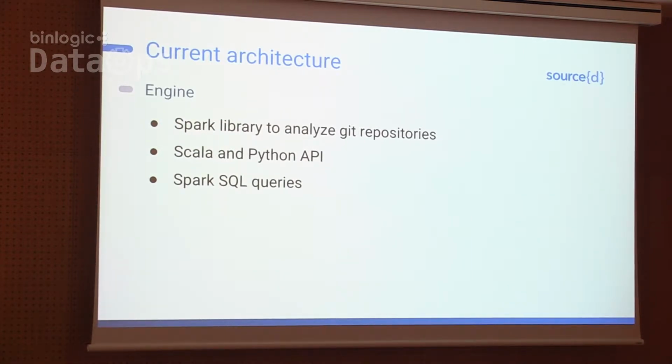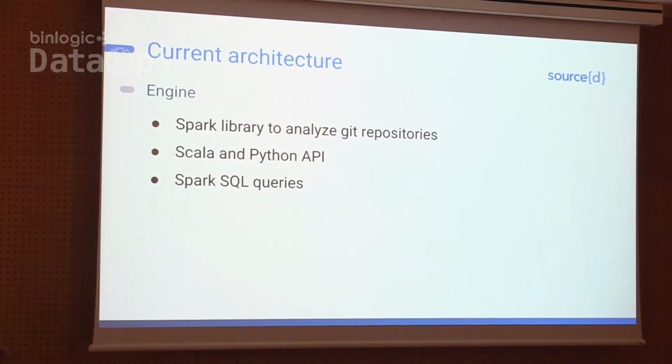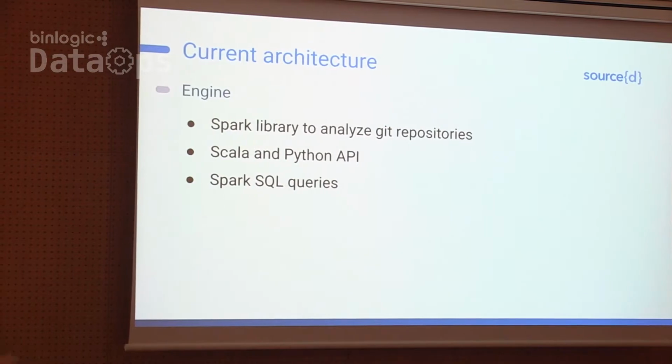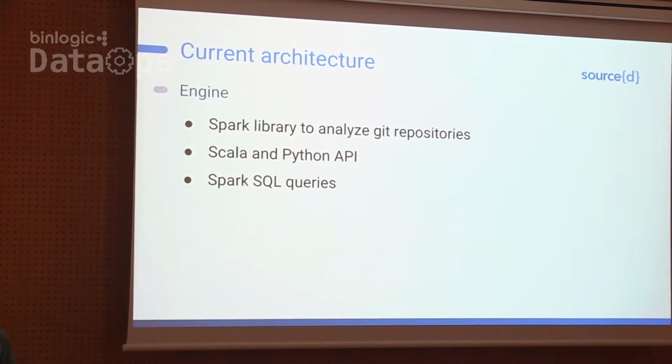We have a project called Engine, which is a Spark library to find data in the Git repos and extract information from it. It's the framework that our users use to extract and also analyze that data.